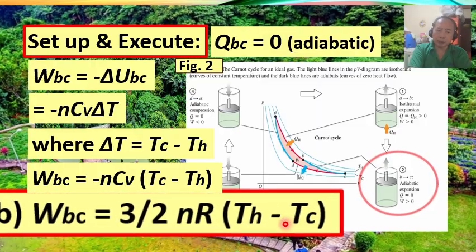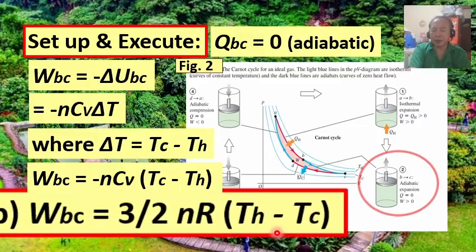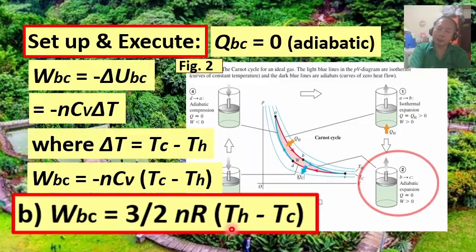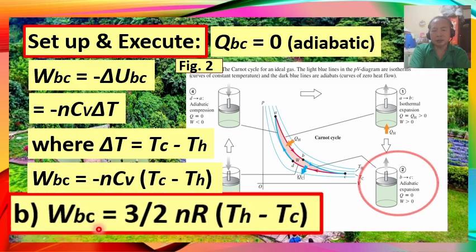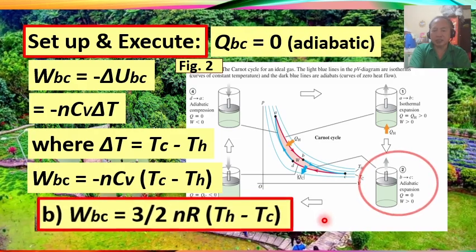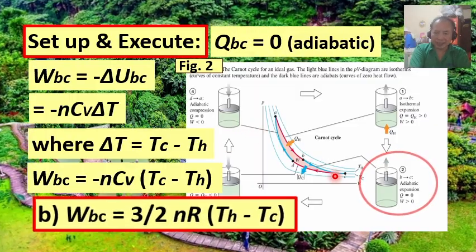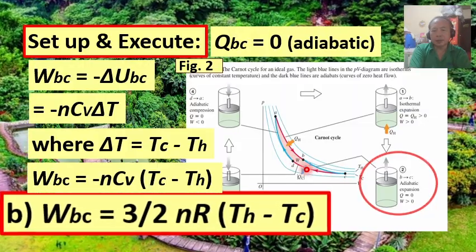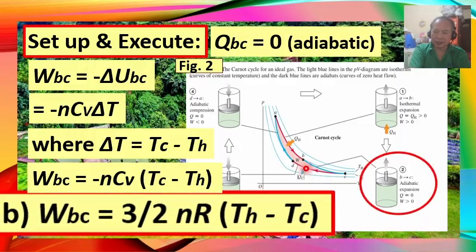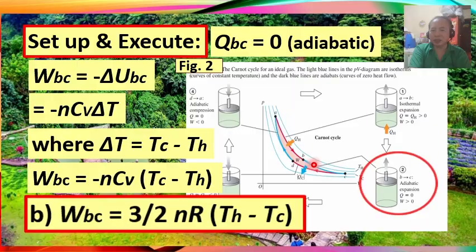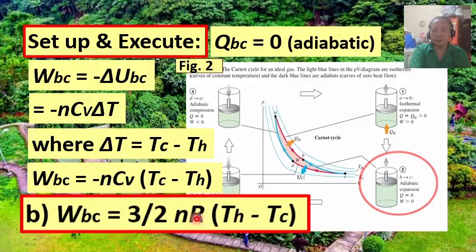So if you're given the actual number of moles, n, as well as the Kelvin temperatures Th and Tc, you'll find out that the work done is going to be a positive work, which agrees with our situation that the volume of the gas increases, which means that the work done by the expanding gas is still positive, right?